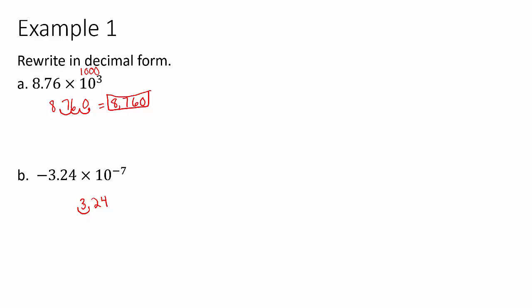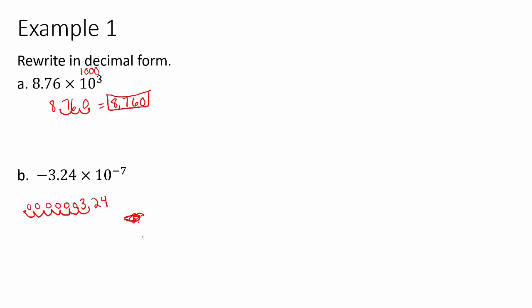There will always be a number here if it's in proper scientific notation. But then we still have 6 more places to move. So 1, 2, 3, 4, 5, 6. I'm going to fill in all these places where there isn't anything with zeros. So now I have 6 zeros between my decimal and the 3. And the negative in front of this is just going to make my answer negative.